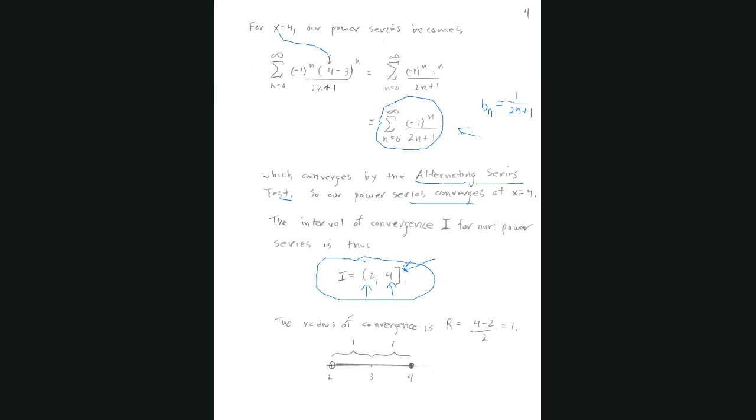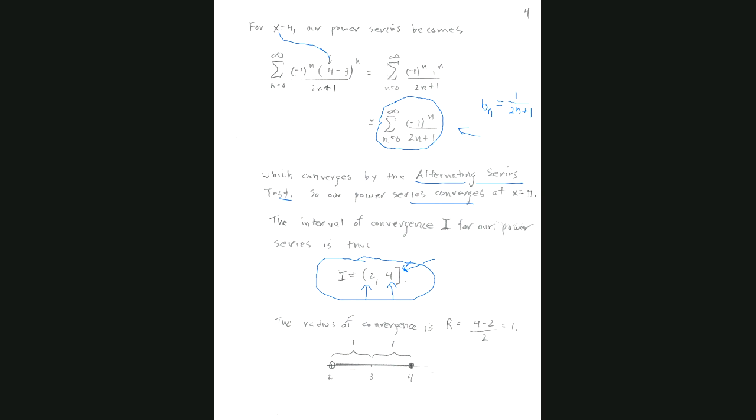So remember, the key in WebAssign, of course, it's very important to make sure that your endpoints, whether the interval's open or closed, you have to be careful with that, because you only have one chance to get that. And that's an important part of the problem.